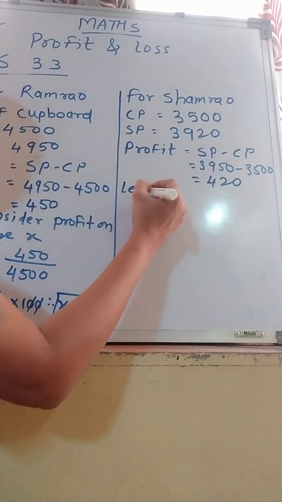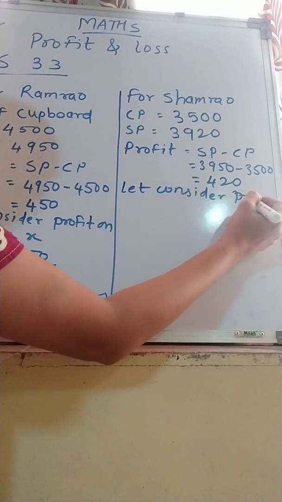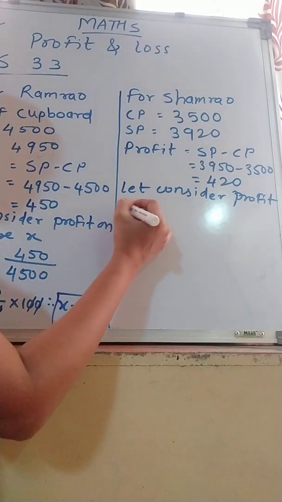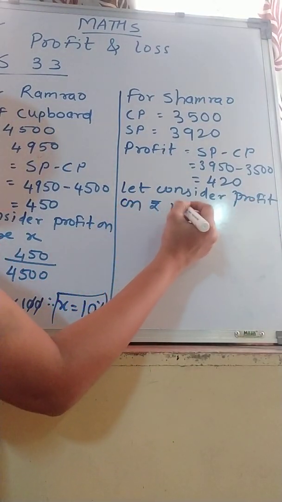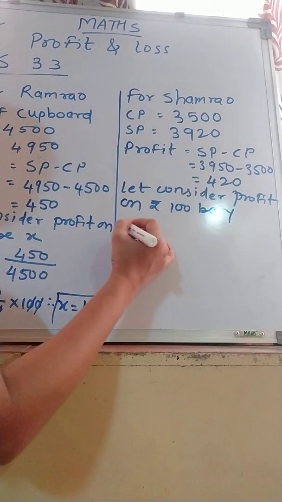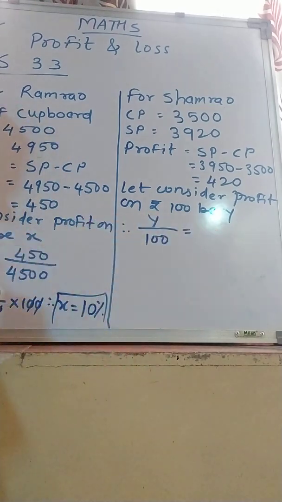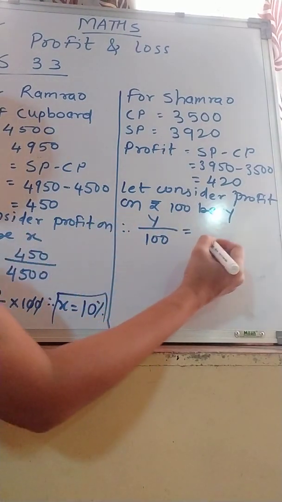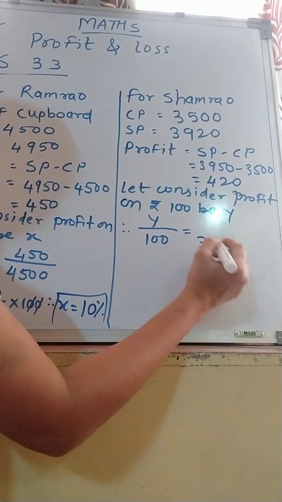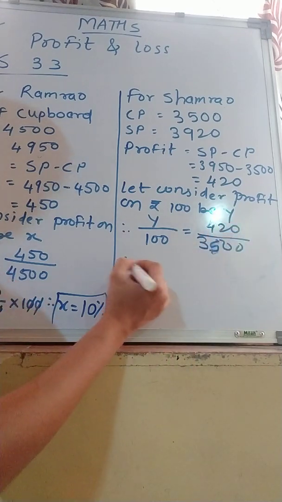So, let's consider profit on rupees 100 be Y. Right? On 100 it is Y. Profit is Y. And on 3,500 profit is 420.